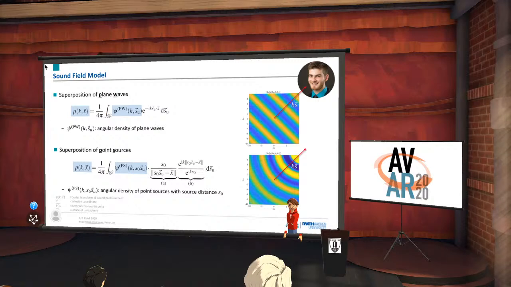The superposition of point sources is similar, but instead of a plane wave term, we have a point source term consisting of a phase term and an amplitude term. And again, if we here set psi ps to a direct impulse from one direction, we would obtain the sound field shown at the bottom right. But it's very important to see now that there's a constant source distance s0 here in this model.